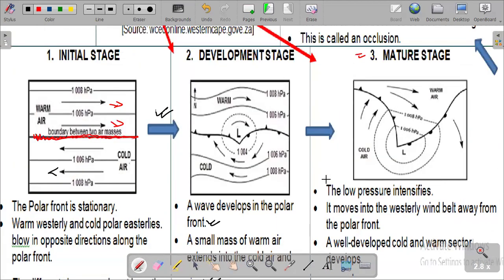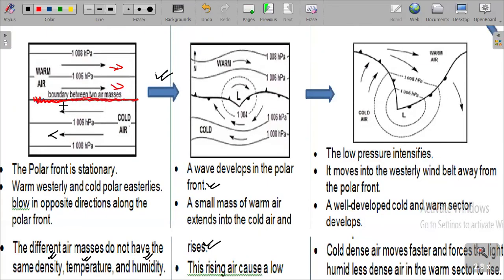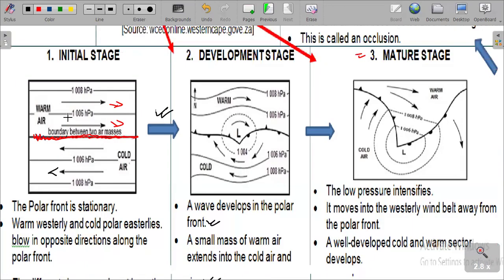These include very cloudy weather and some rain, which occur because of rising warm air that forms clouds, which results in rainfall. So we have stage three.